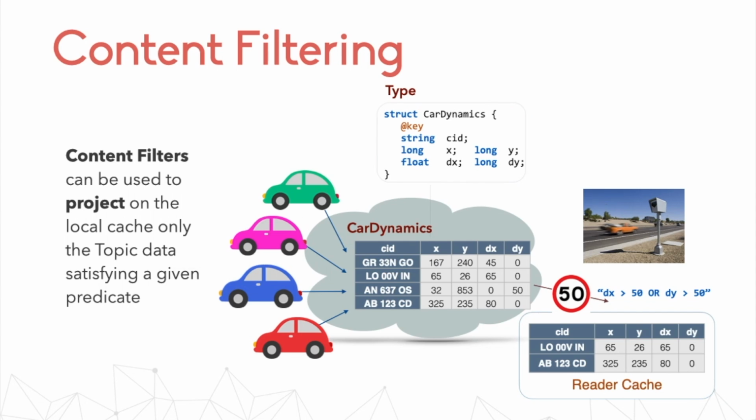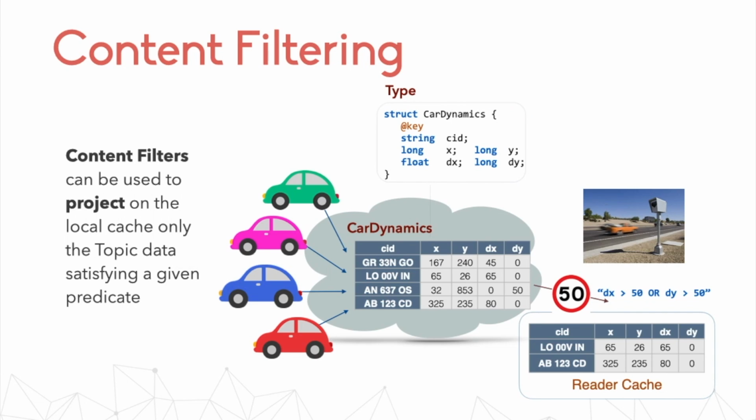And by the way, this predicate could be evaluated on the receiving side or on the sending side. So here we have an example in which, for instance, you are writing an application that has to flash cars that are running faster than the speed limit. Obviously in this case, why would you ever want to receive data for cars whose speed doesn't exceed the speed limit? So you could indeed express this through an SQL expression, which is the equivalent of what you would put in an SQL where clause.